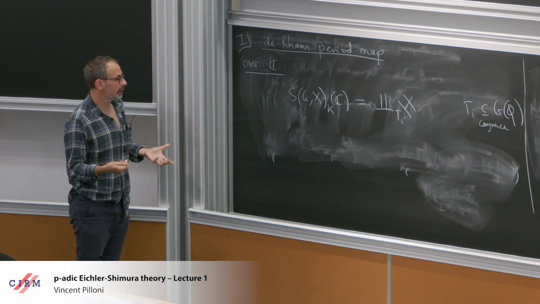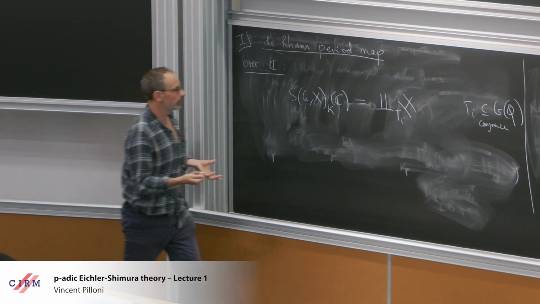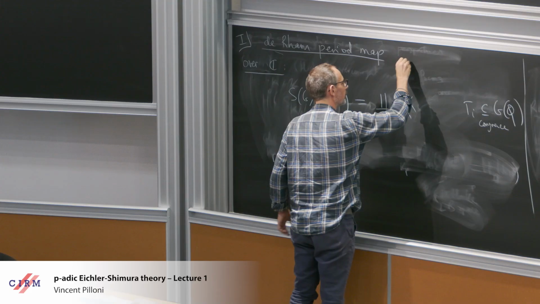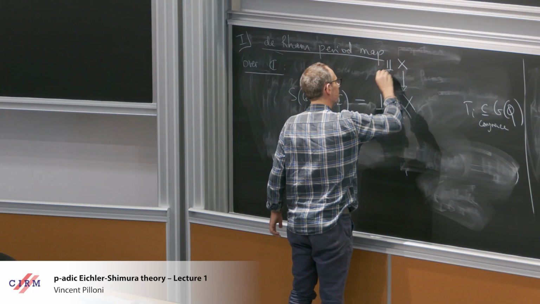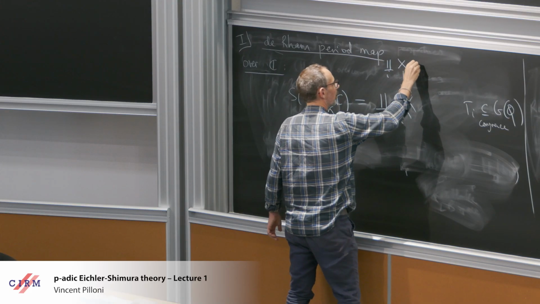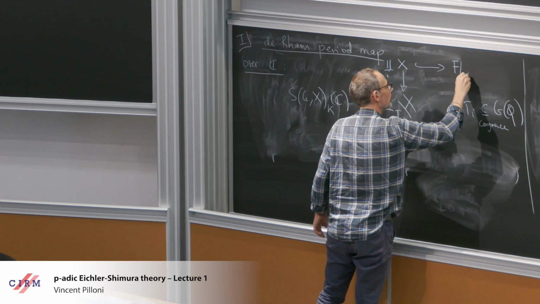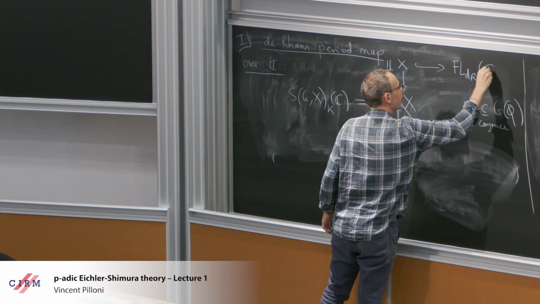So now what does one classically do? You can consider this kind of universal cover. So that's X, and this X embeds into its compact dual, which is the de Rham flag variety.